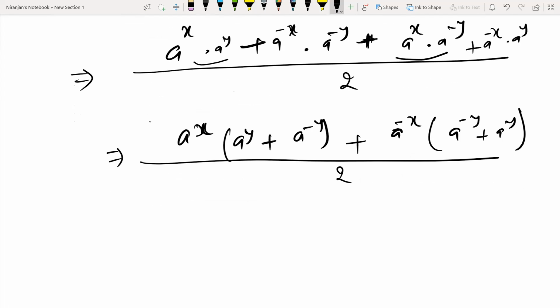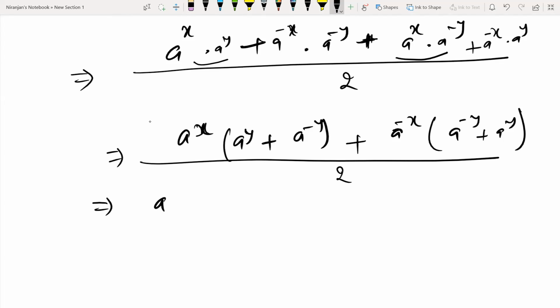Usually these kinds of things are always asked. Your intuition should be that you should always be able to identify like terms. Here the like terms are a to the power x and a to the power minus x. I took them together, and I got this one.